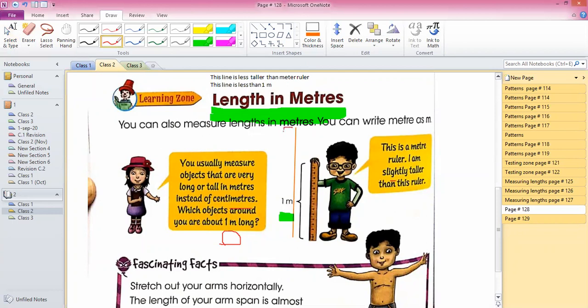This line has this height extra. This is equal to 1 meter. If the line is here, we will say it is about 1 meter. But it is more than that. It has more height than this ruler. This is 1 meter, so it is more than 1 meter. Clear?